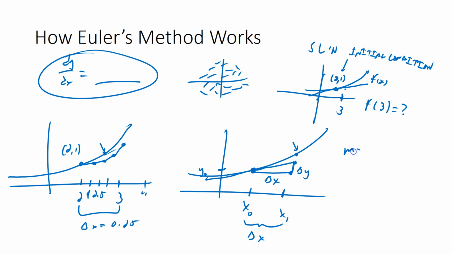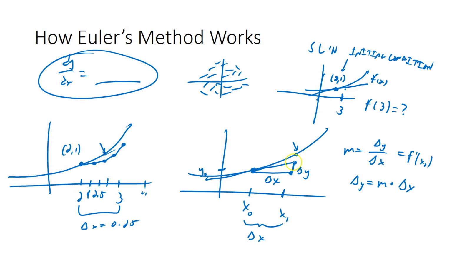The slope is the change in y over the change in x, and the slope of that line is just equal to the derivative at the x0 point, because we're using a tangent line. So this is f prime of x0, which we can get because we have the derivative. We know what the slope is, so if I want to know delta y, I just multiply by delta x. It's going to be the slope times delta x.